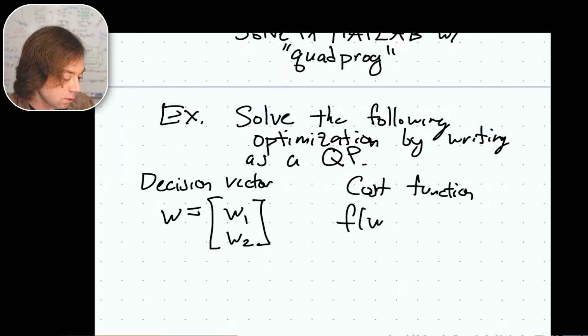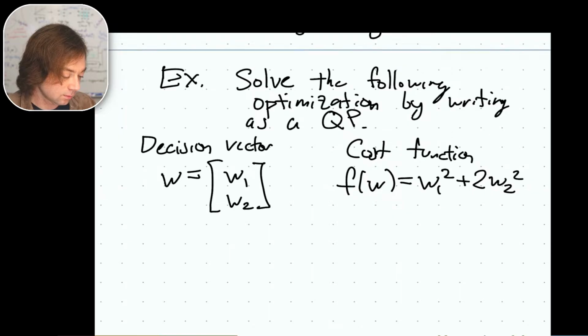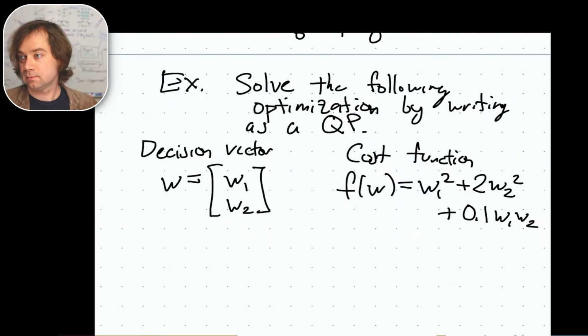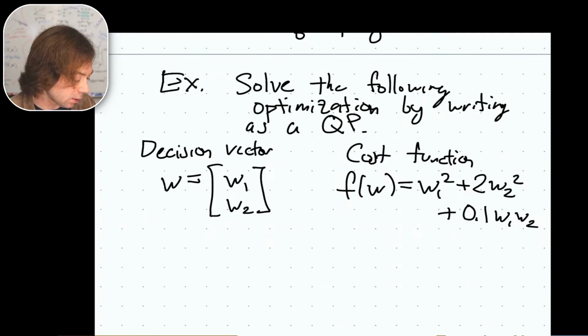We'll say f of w is equal to w1 squared plus 2 w2 squared plus 0.1 w1 times w2. Okay. And our constraints.